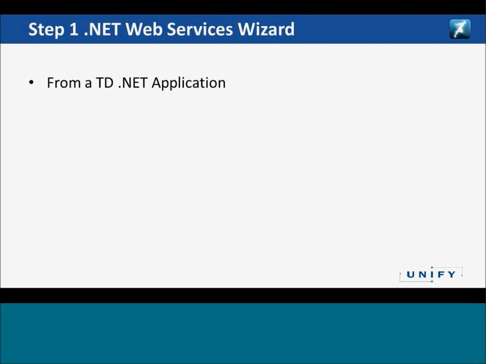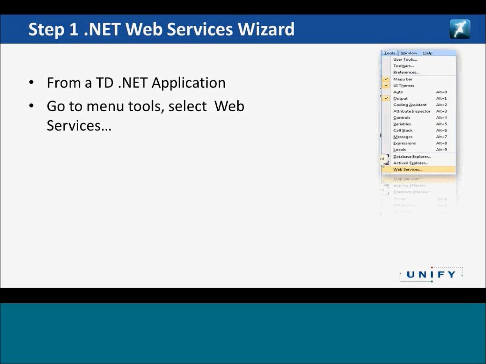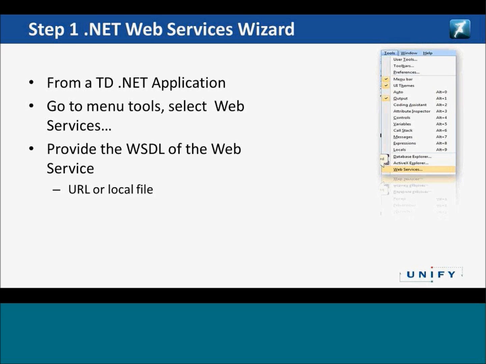So, .NET Web Services Wizard. From a TD .NET application, go to the menu, Tools, select Web Services. See that there on the right on the screenshot? That is the menu item you need to click on. Then you need to provide the WSDL of the web service. This can be a URL or a local file.